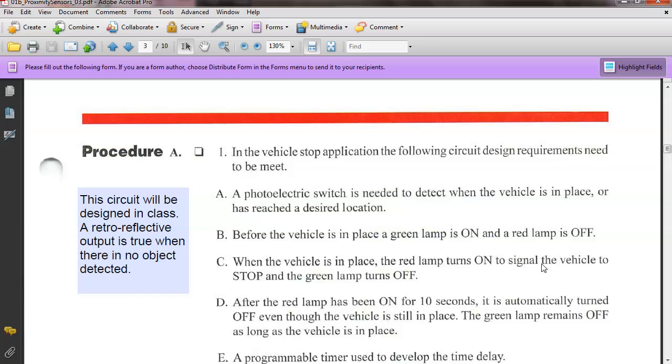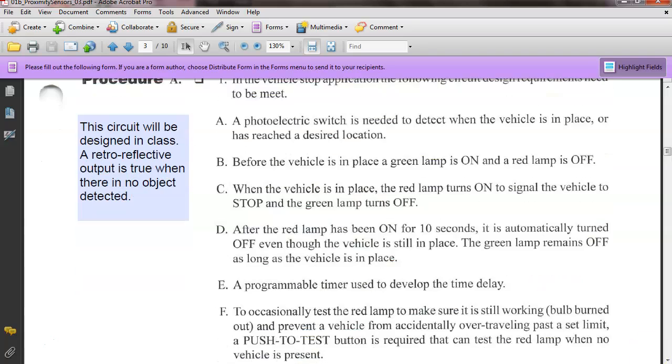Before the vehicle is in place, the green light is on and the red lamp is off. When the vehicle is in place, the red light turns on to signal the vehicle to stop, and the green light turns off. After the red lamp has been on for 10 seconds, it is automatically turned off, even though the vehicle is still in place. The green light remains off as long as the vehicle is in place. And we're going to use a programmable timer.